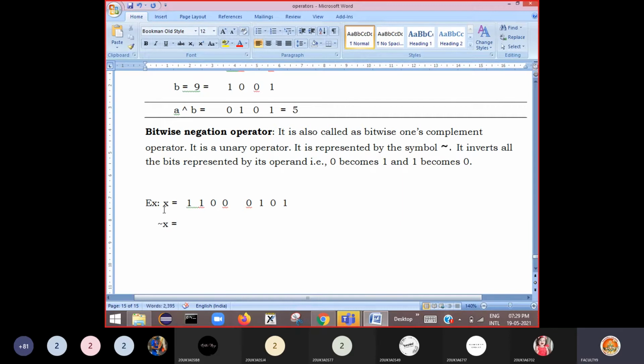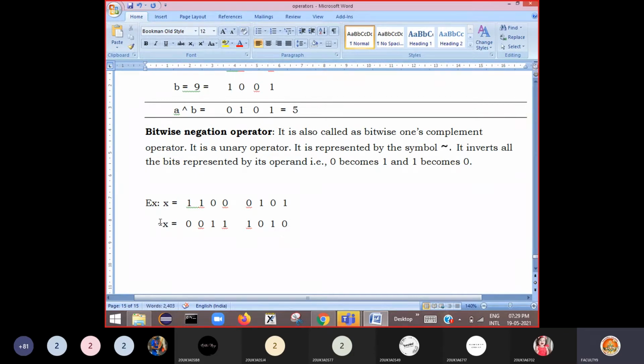Now if I take the complement of x, this 1 will become 0 here. Similarly this 1 becomes 0, and 0 becomes 1. This 0 becomes a 1, similarly this 0 becomes 1, and this 1 becomes a 0, this 0 becomes a 1, and this 1 becomes a 0 here.